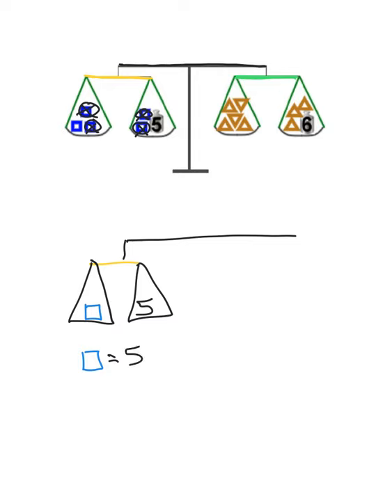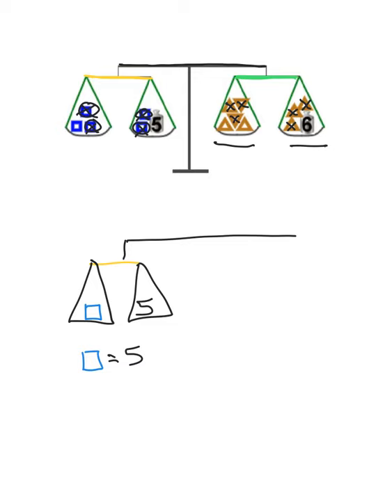With my green balance on the right side, I can see that both sides of my balance have at least 3 triangles. That means I can take away 3 triangles. I can't remove more because the right side only has 3.